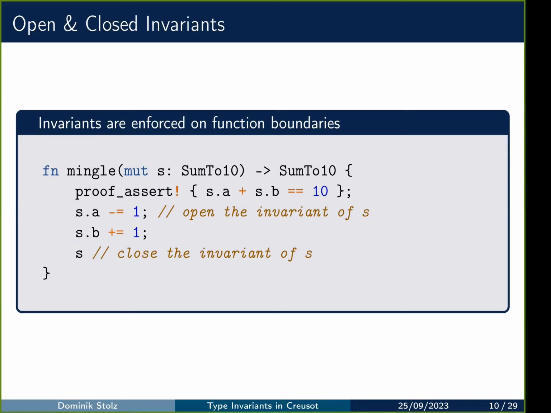And at the start of the function, we can in fact prove that the invariant holds just because the type of our argument is SumTo10. But then we are allowed to break it because between the decrement and increment operations, the invariant in fact does not hold. But in the end, just before returning our modified SumTo10 value, we have to prove again that the invariant of that value holds, because the type of the return value at the function boundary requires us to restore the type invariant of our value s.